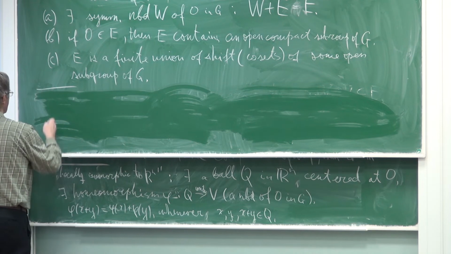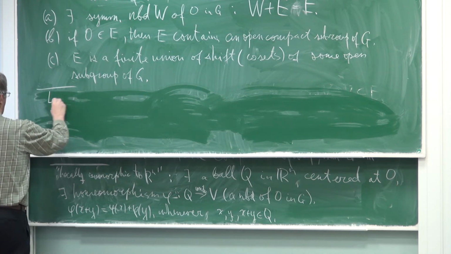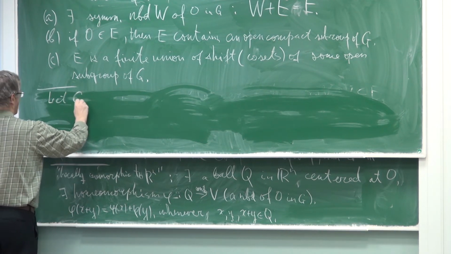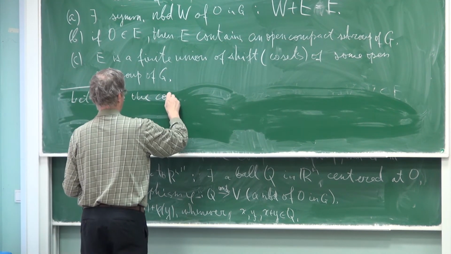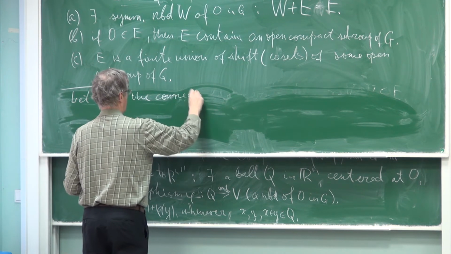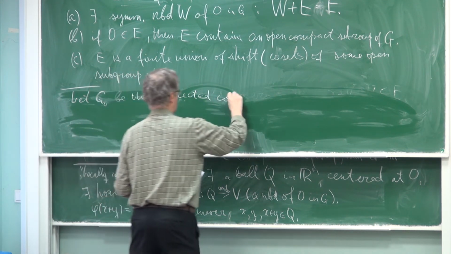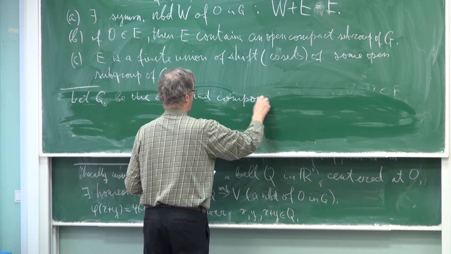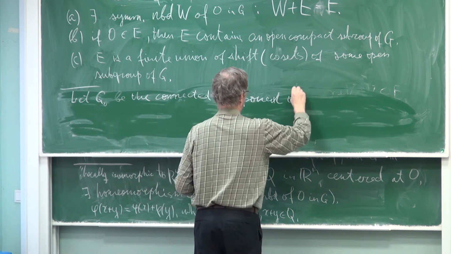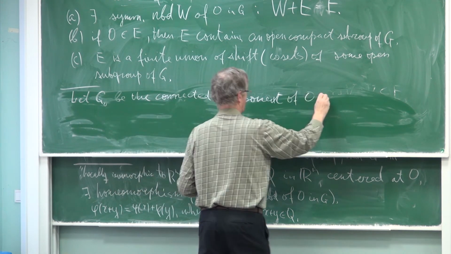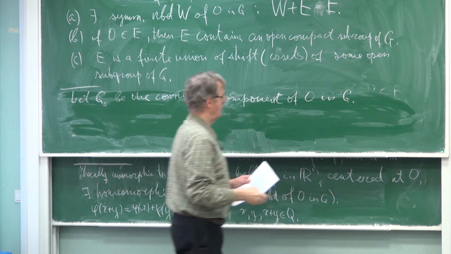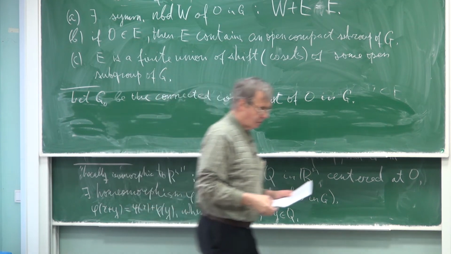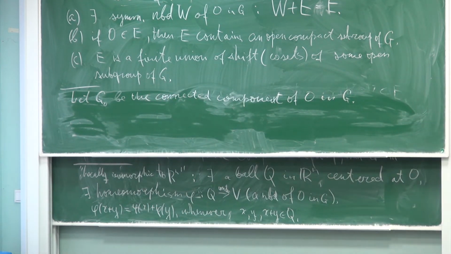Well, let first G0 be the connected component of 0 in G. Okay, so I remind you that a connected component of whatever is always closed.